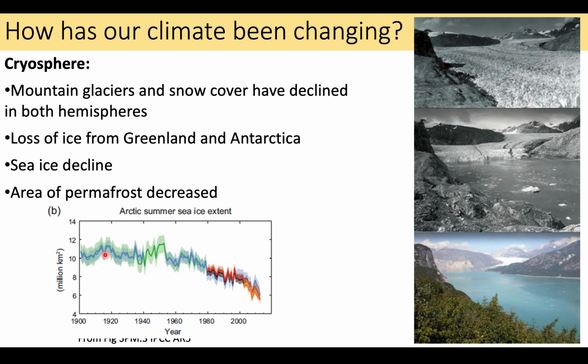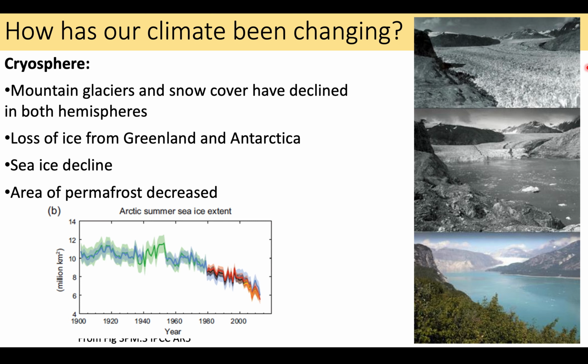So here is a graph that shows Arctic sea ice extent, meaning how much sea ice there is in the Arctic Ocean. And that is decreasing as our temperatures are warming. We're seeing this trend of decreasing the amount of sea ice, which is expected to increase even more in the future.